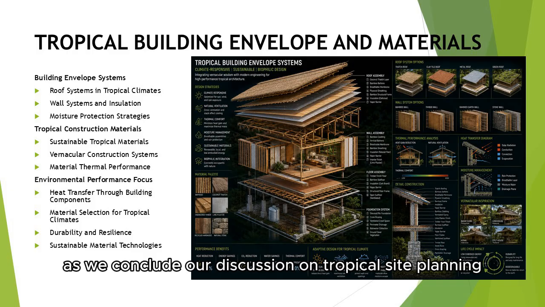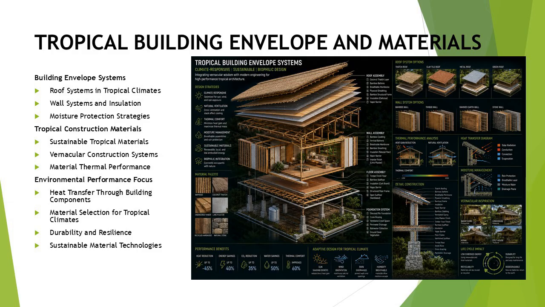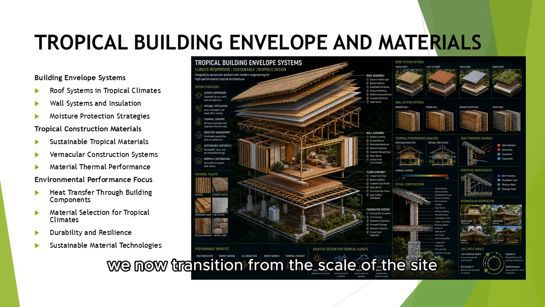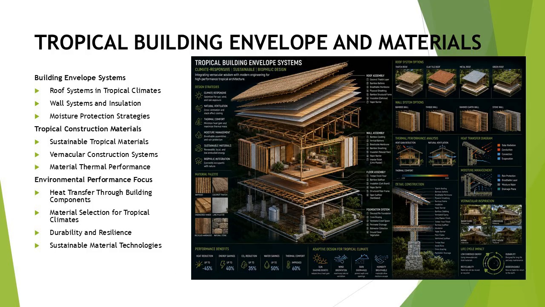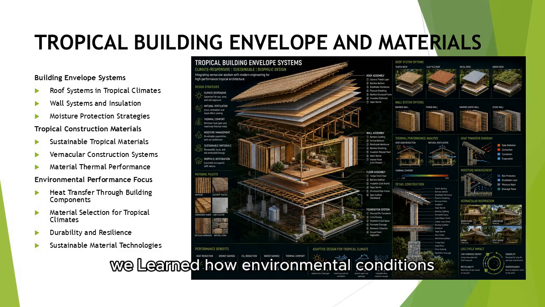As we conclude our discussion on tropical site planning and microclimate, we now transition from the scale of the site to the scale of the building itself. Throughout this module, we learned how environmental conditions influence architecture before construction even begins.